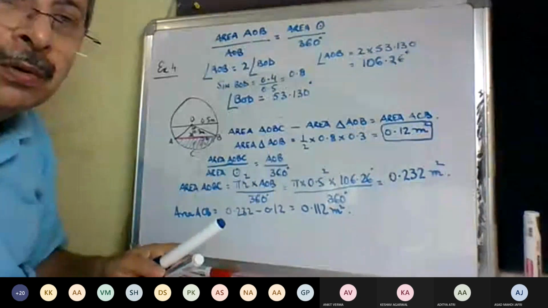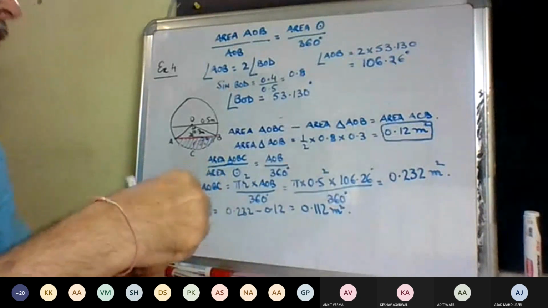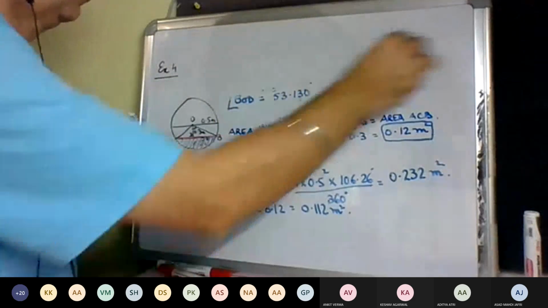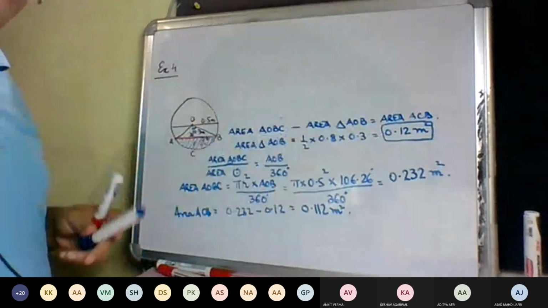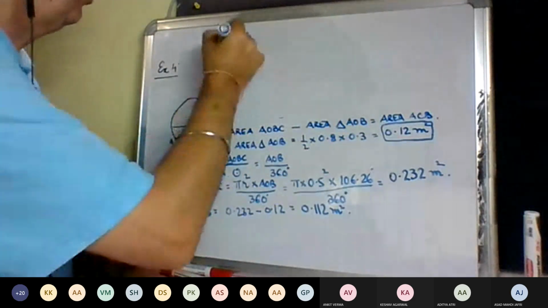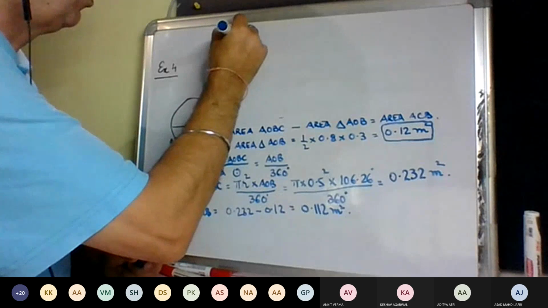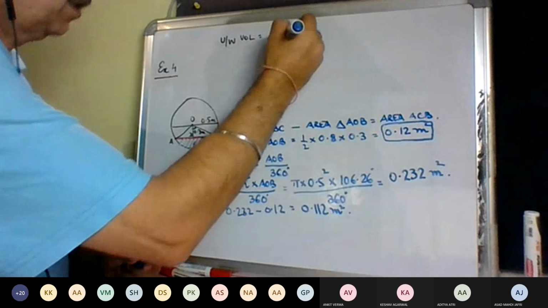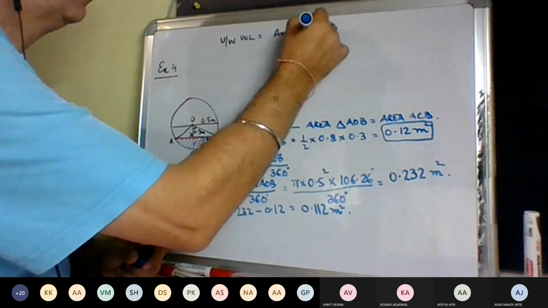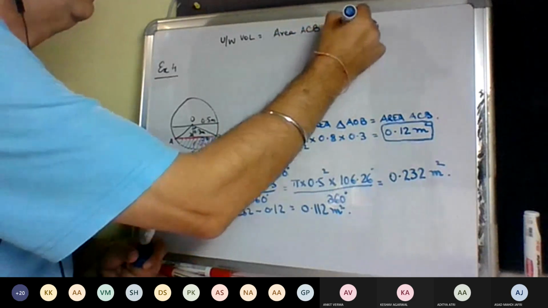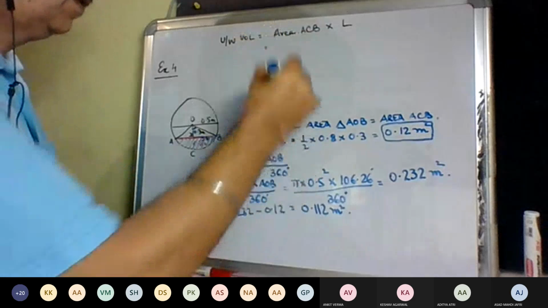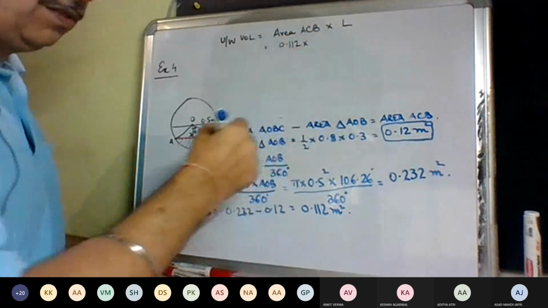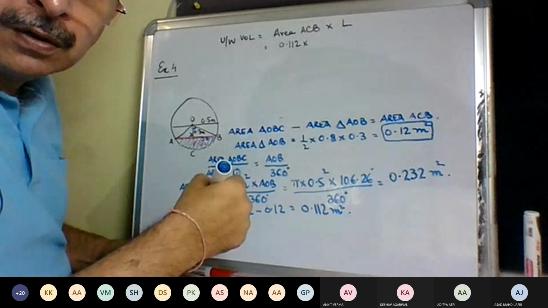So now, having found that, find out the underwater volume. It will be the underwater area ACB into the length. So 0.112 into the length, which is given as 10 meters.